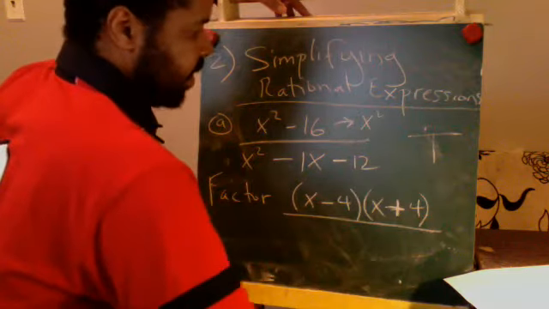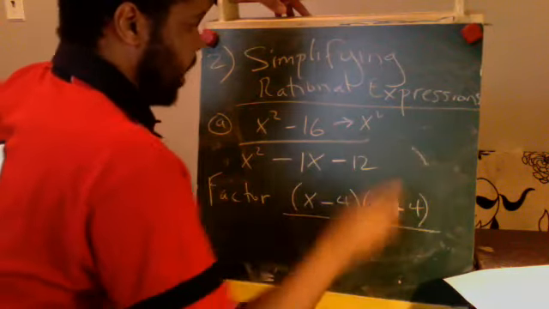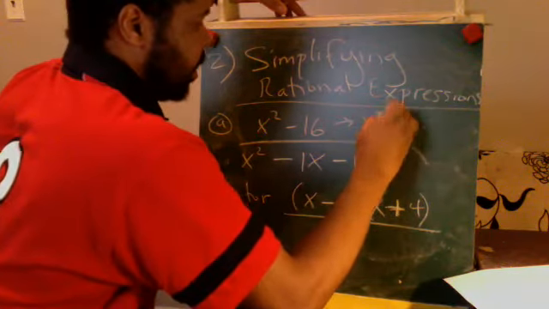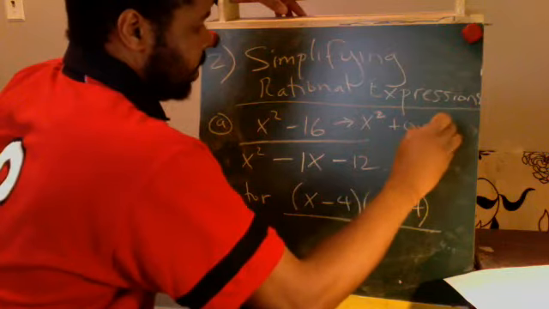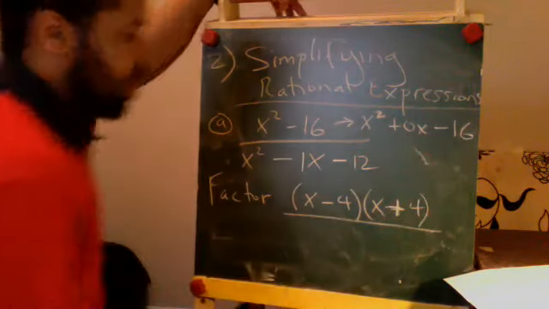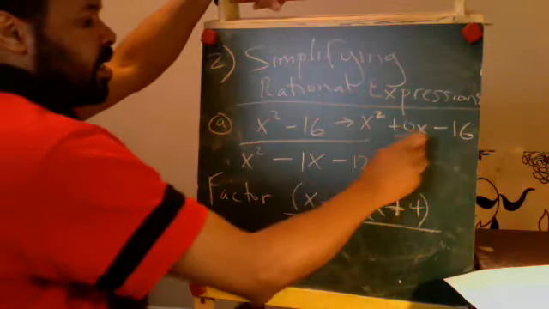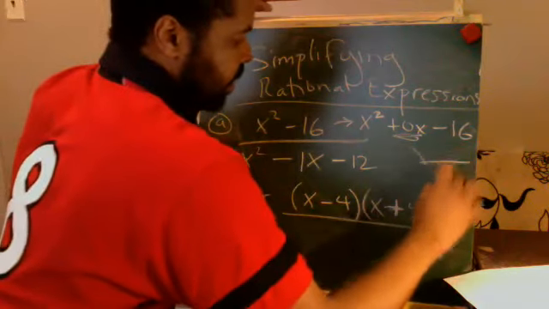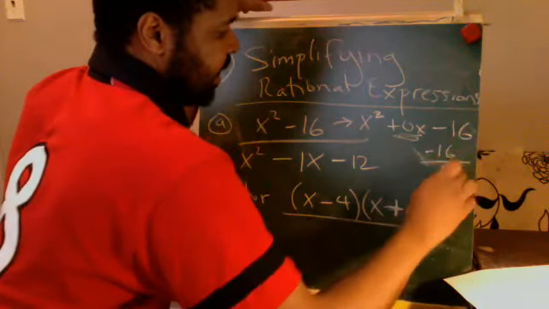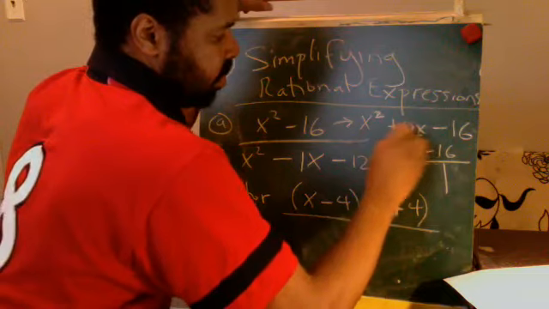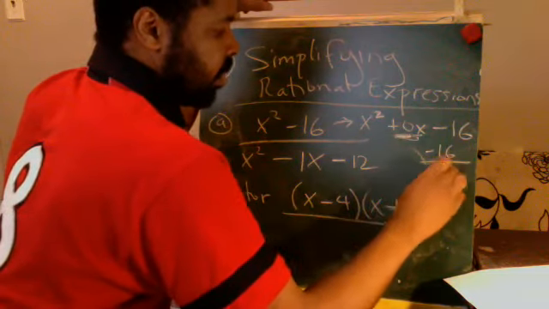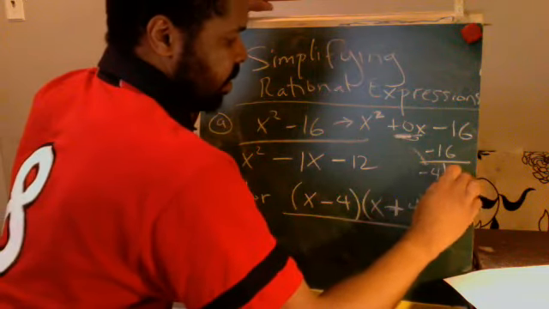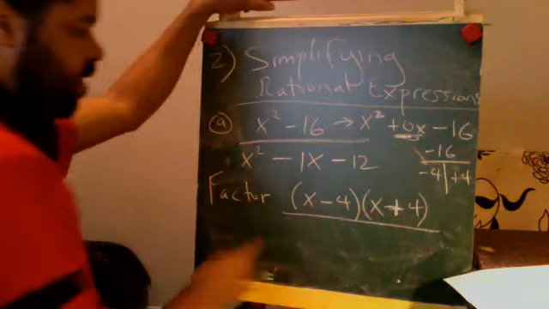What you have here is x squared plus 0x minus 16, right? That's really what you have. This is 0x here in the middle, right? So what you basically want is two numbers that multiply to give you negative 16 and add to give you 0. And so those numbers are going to be negative 4 and plus 4, which is what we have here.